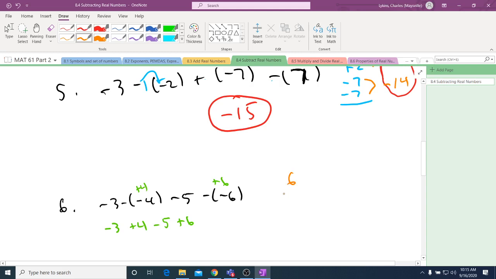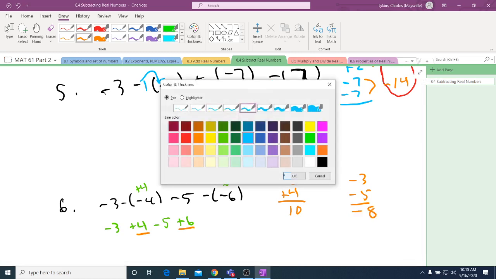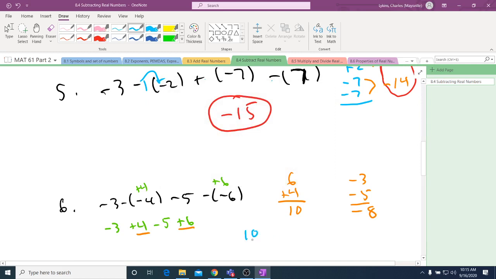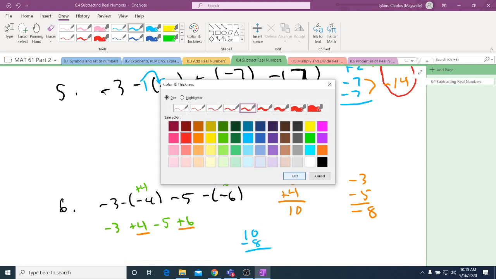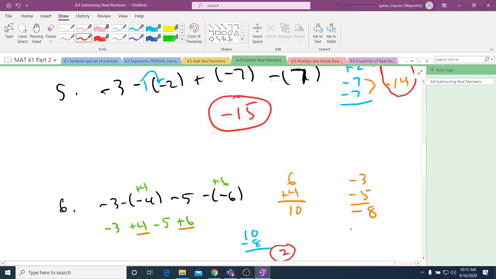So I've got a positive 6 and a 4, and I've got a negative 3 and a negative 5. So 6 plus 4 is 10, because I'm using this positive. Negative 3 and a negative 5 gives me a negative 8. So now I've got 10 minus 8, which gives me a positive 2.